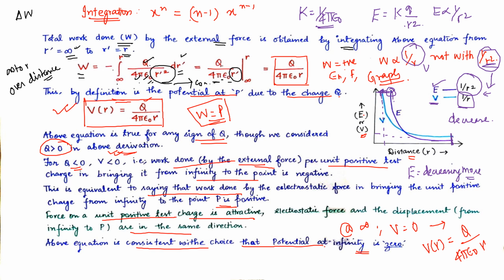Why? Because E is related to R square, the inverse of 1 by R square, whereas our voltage is related to 1 by R. If R is increased by 10, then E will be reduced by 10 into 10, that is 100 times.